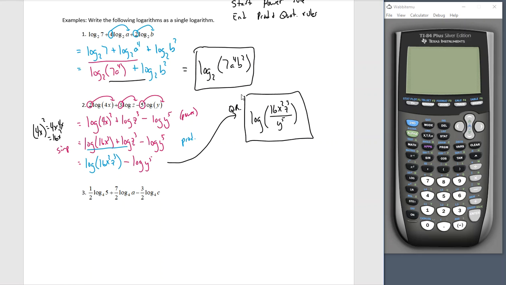It was negative, so it goes downstairs. Negative attitudes, they go downstairs. Get over it. 16x squared z to the third in the numerator, y to the fifth in the denominator kind of jives with the signs that we have, positives on the x and the z, a negative in front of the y. Everything looks pretty good.